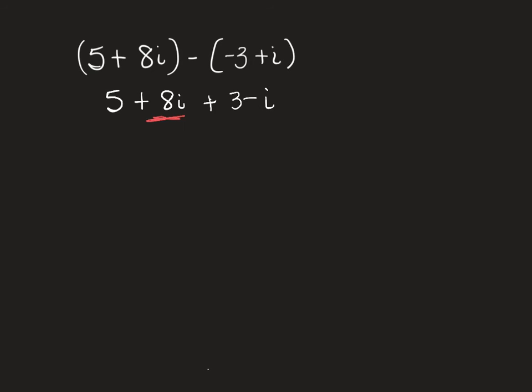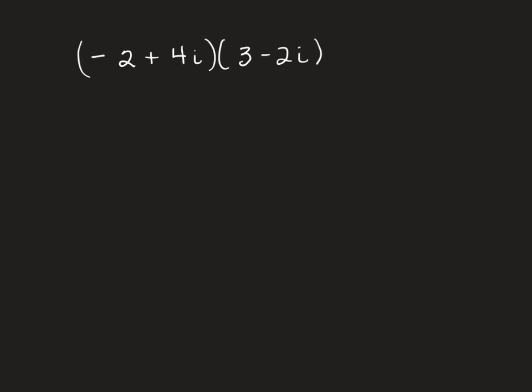I notice this is my i term, this is my i term, this is my real part, this is my real part. And I'm going to go ahead and combine them. So this is an 8, because 5 plus 3 is 8. 8i minus i is a plus 7i. And that's as simplified as it gets. And that is my answer. So remember, subtraction, we just need to distribute that negative and then collect the like terms.